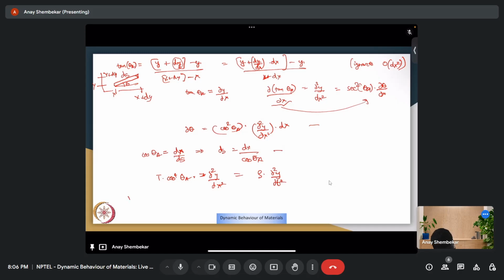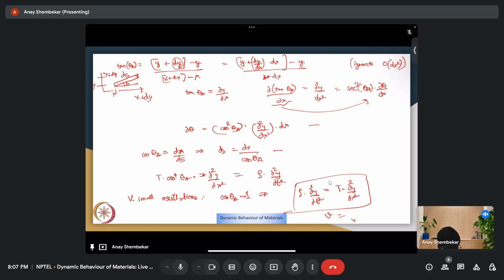If we assume very small oscillations, you have cos of theta tending to 1, which gives us rho d square y by dt square equal to T d square y by dx square. From this, you can estimate the characteristic wave speed to be root of T by rho. So a stiffness measure and an inertia measure.